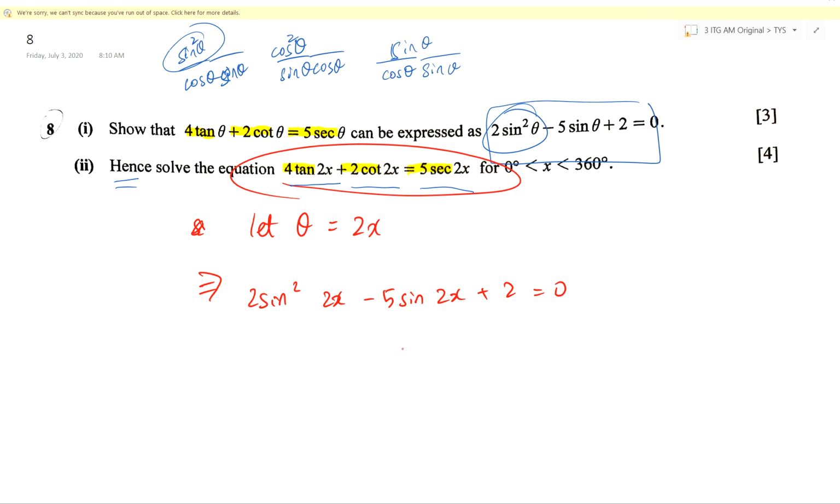If you like, you can say let y equal sine 2x. Then we get 2y squared minus 5y plus 2 equals 0. I'm sure you can solve this. Get your basic angle and then all the steps for your trigo equation solving. Check your answers, check the range. So that's the plan, carry it out.